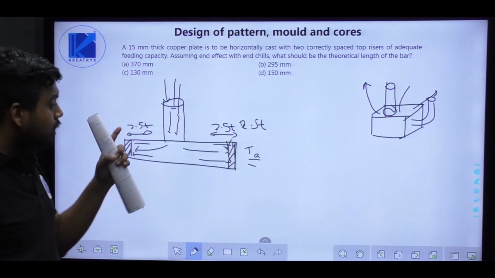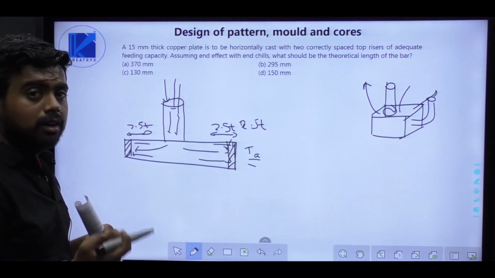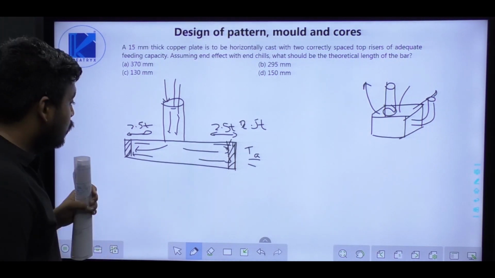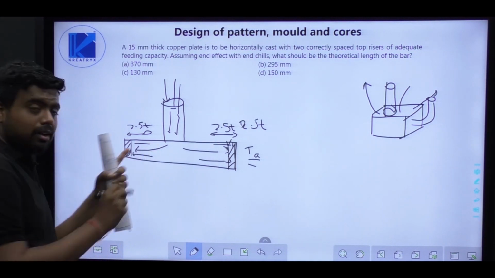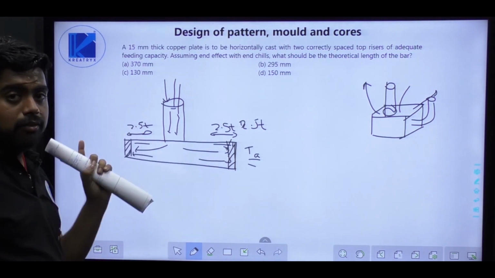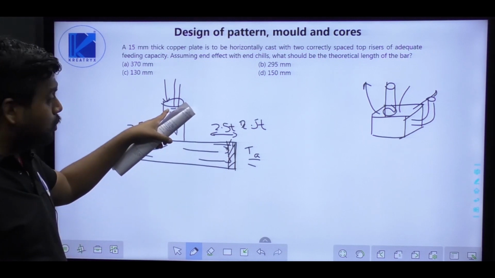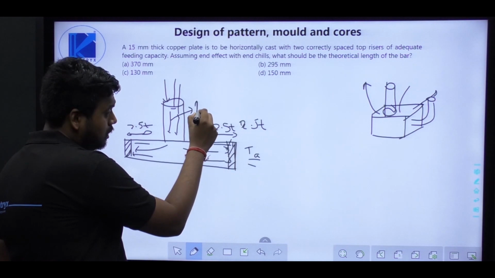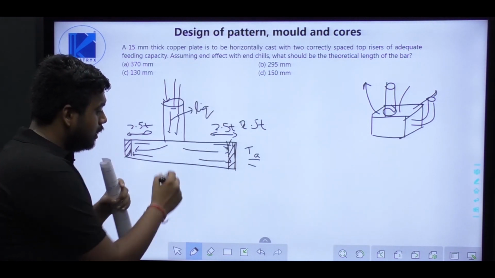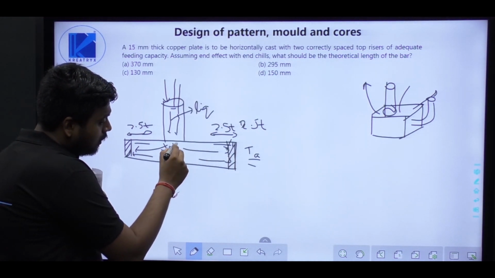And there is again one thermal gradient occurring. What is the phenomenon? As I have told you, the molten metal in the casting is solidifying at a very fast rate as compared to the riser. So the metal here is in the liquid stage and here it is getting solidified.